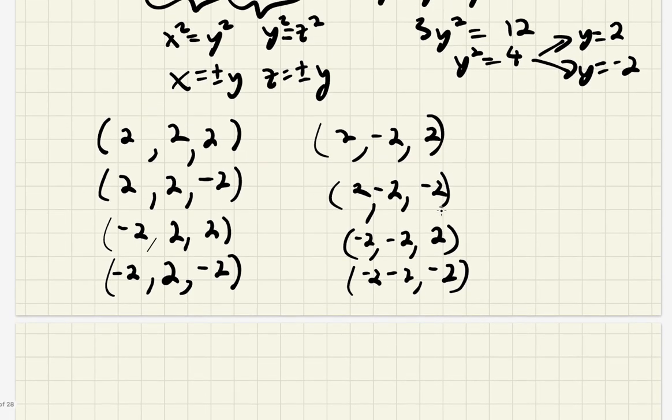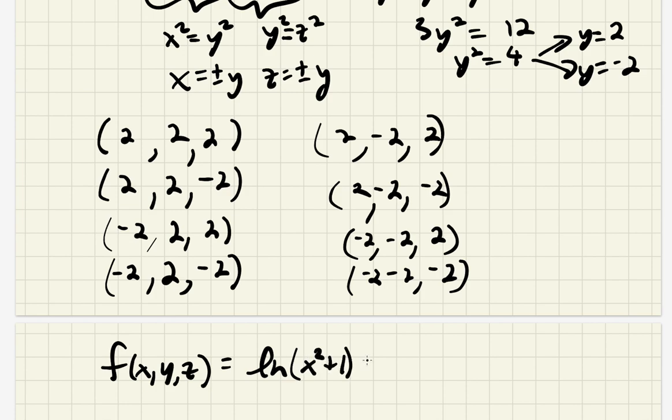What we do with these points is we plug them into the function. And in the function, what we do is we square each of the inputs and add 1 to them, and plug it into a log. It's the natural log of x squared plus 1, y squared plus 1, and natural log of z squared plus 1.